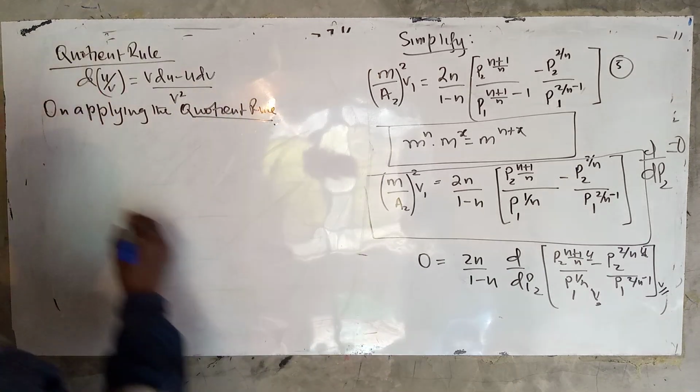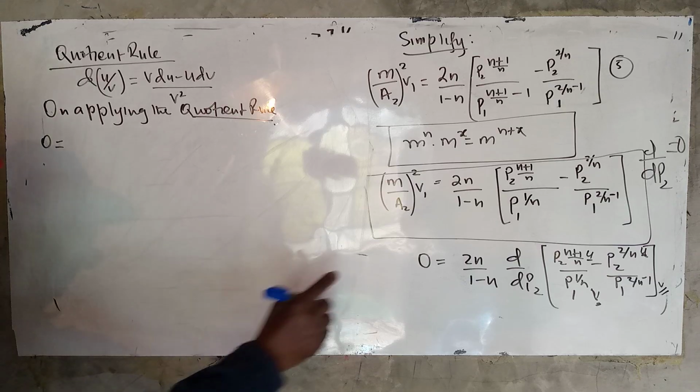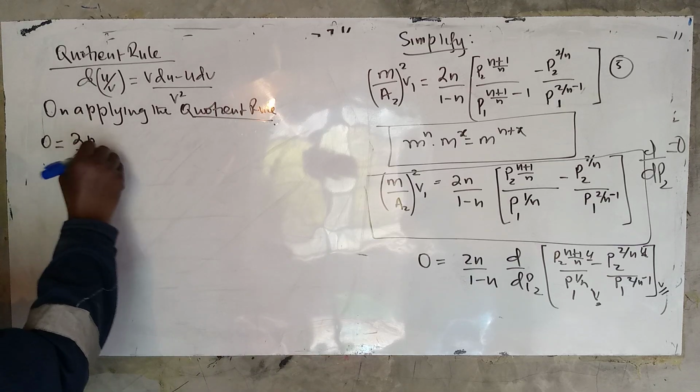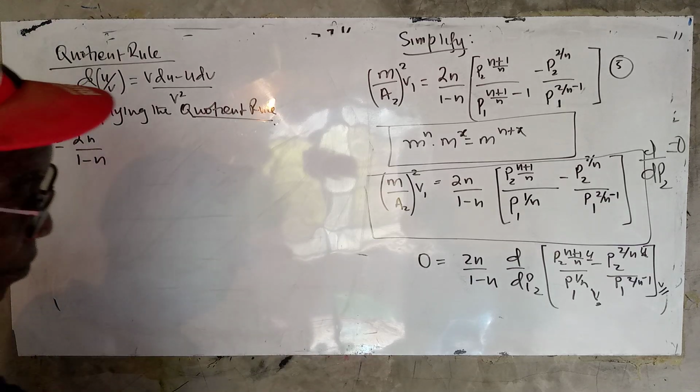So on applying the quotient rule, we will have 0 is equal to 2n over 1 minus n.